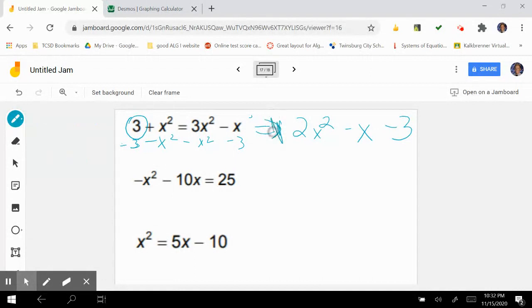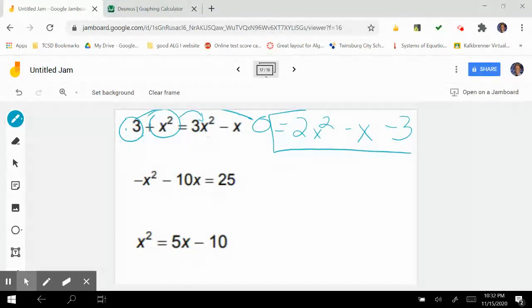And if I look, what is on the left side? If I moved everything, what's over there? Nothing. It's 0. So I'm just moving this and combining with that, moving this over here, and it doesn't combine with anything. So now I can put this in the Desmos and graph it.